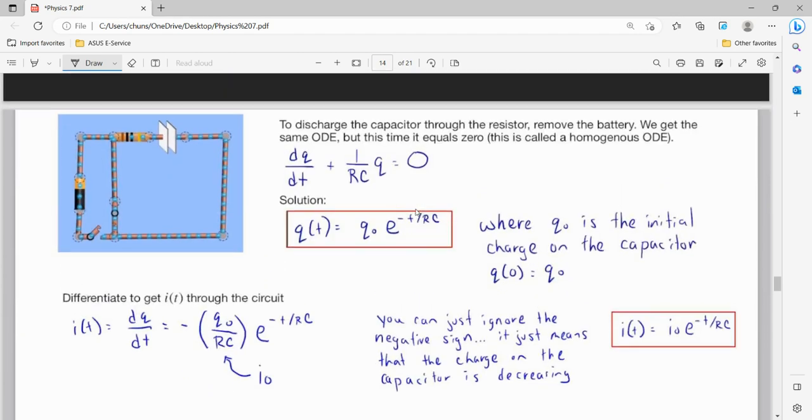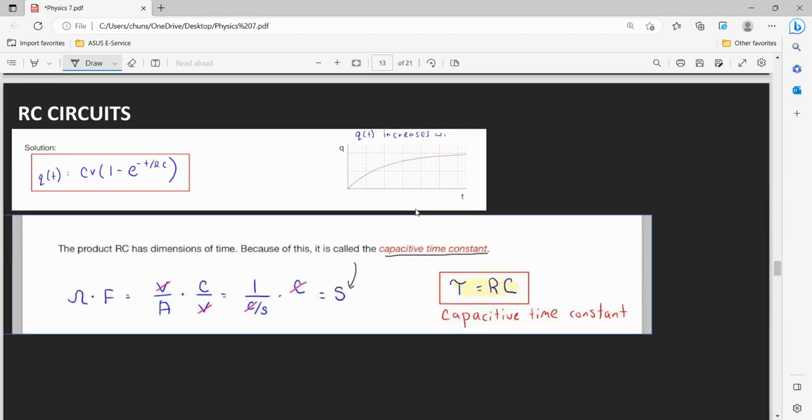So this function looks like this. It gradually plateaus, so it kind of curves along, and then the slope flattens out. That just represents how our charge behaves in a capacitor as it is discharged.